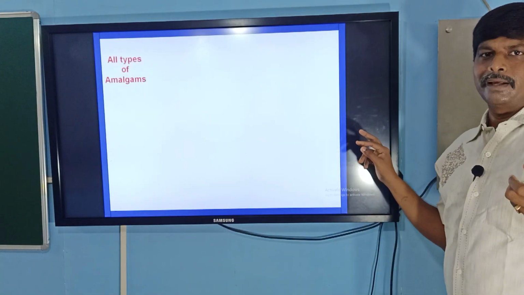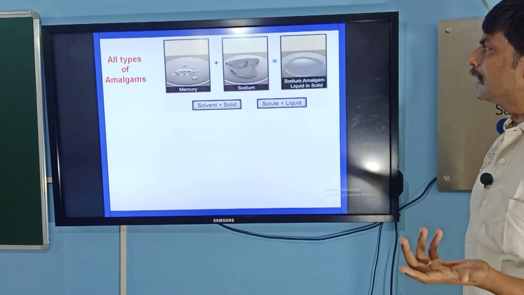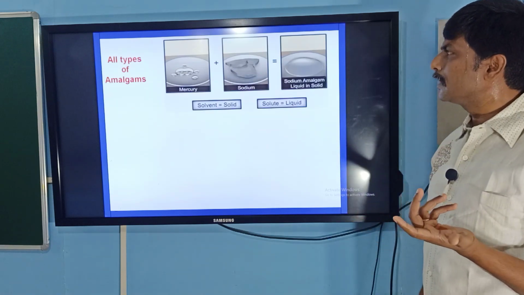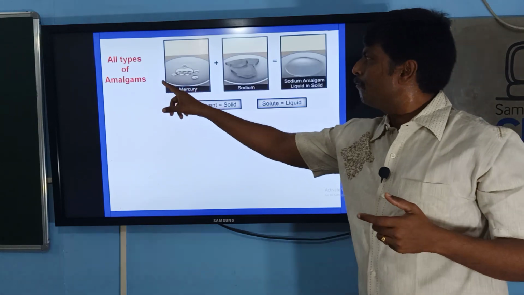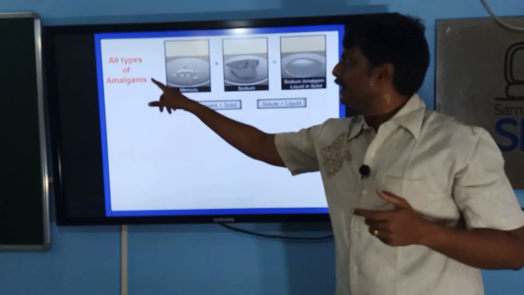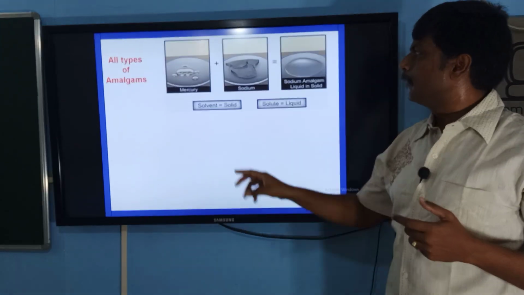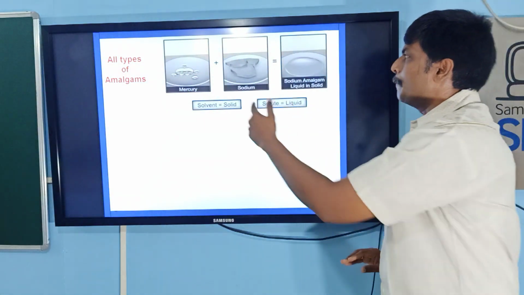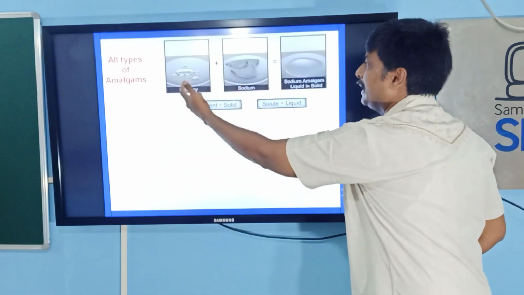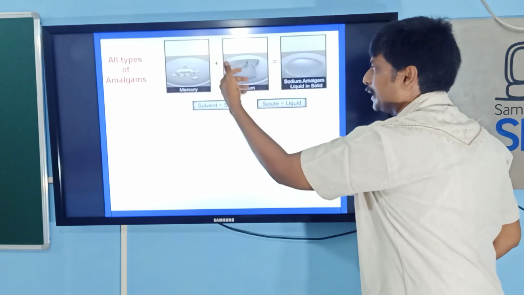Liquid in solid. So all types of amalgams. What is meant by amalgam? In this mixture, if one component is mercury, then it is called amalgam. One component is mercury, another component is sodium. Mercury and sodium, liquid and solid.